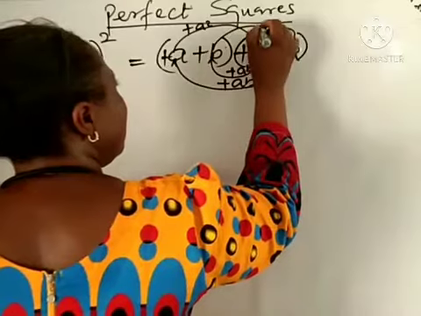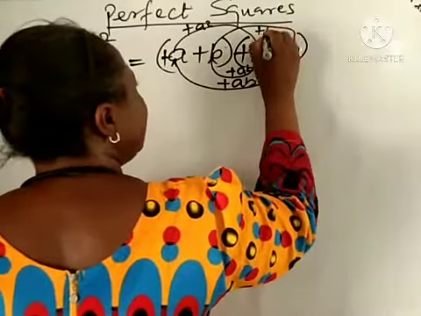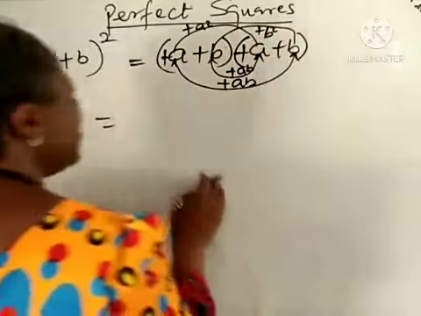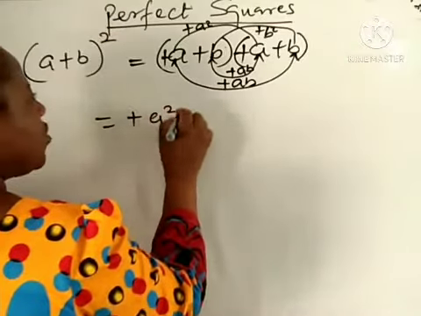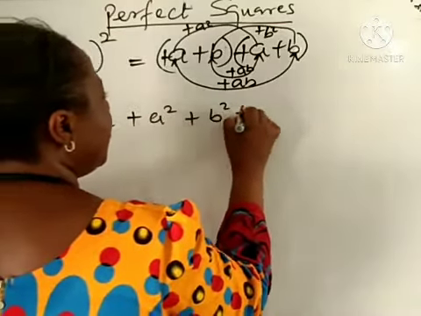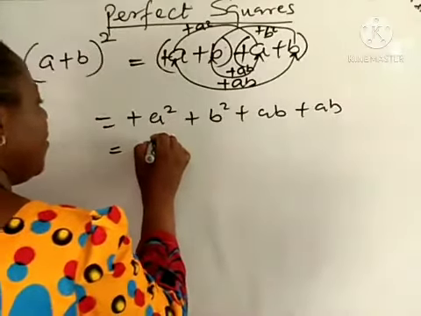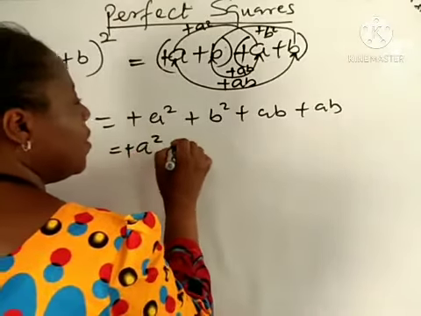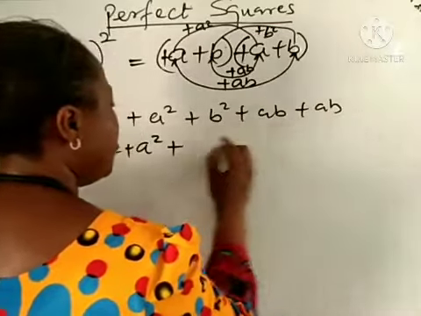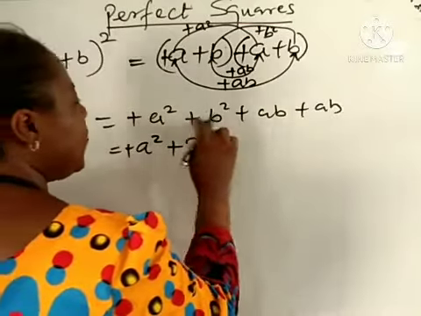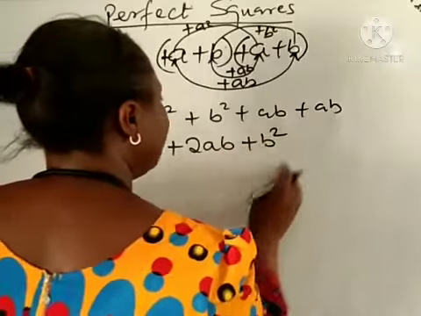Plus times plus, you have plus B times B will give you B square. So let's rearrange now. You have plus A square plus B square plus AB plus AB. We now have plus A square plus AB plus AB will give us plus 2AB. Then our plus B square.